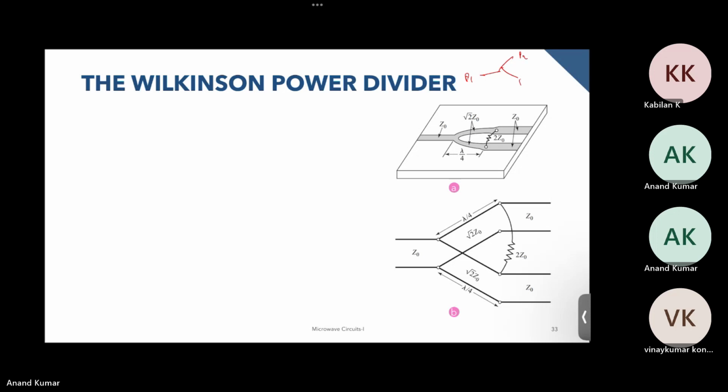But if something got reflected back, say from P3, it will also affect the power in P2. If something was reflected back from P2, it will also affect the power in P3. So one thing that was missing was that these ports were not isolated, and we want these ports to be isolated.